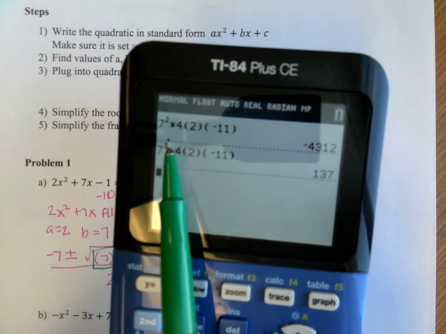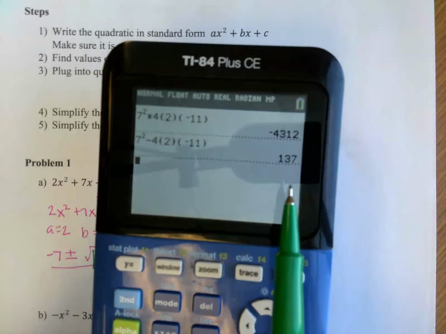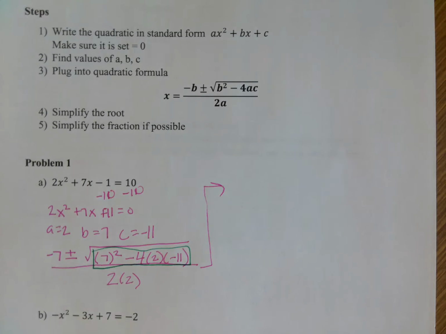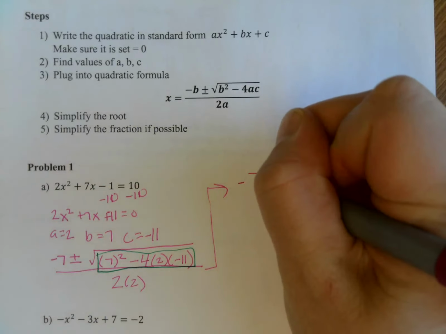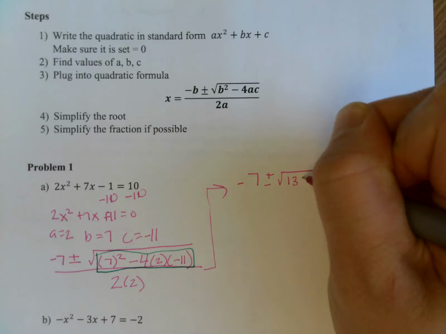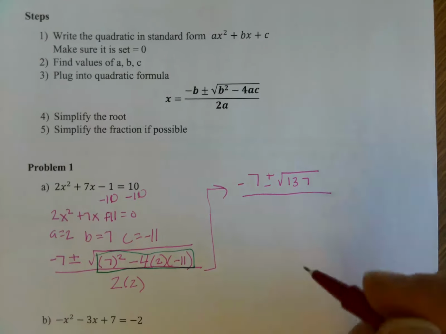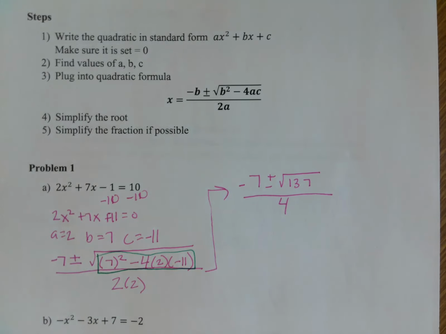Notice I did multiplication there first. It's supposed to be subtraction. So it should be 137. Square root of 137. So when I rewrite this, this becomes my negative 7 plus or minus the square root of 137. This whole thing over 2 times 2, which is 4.